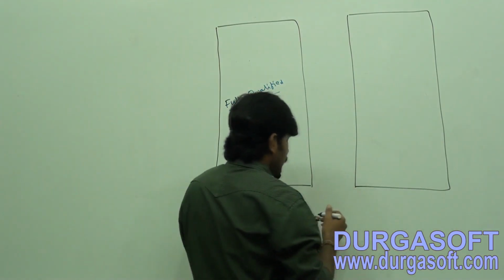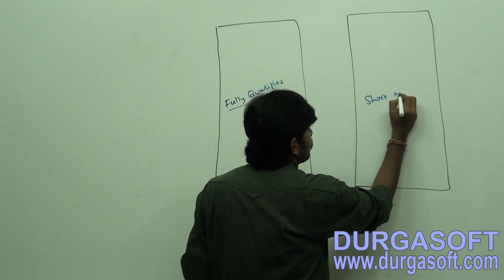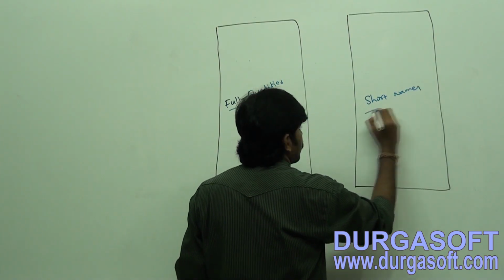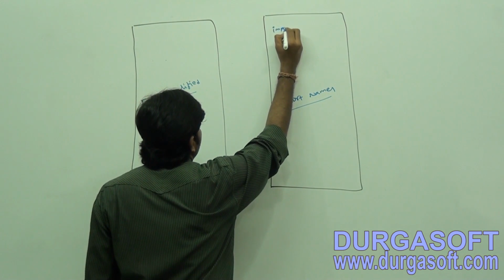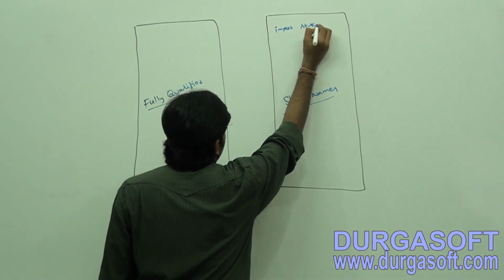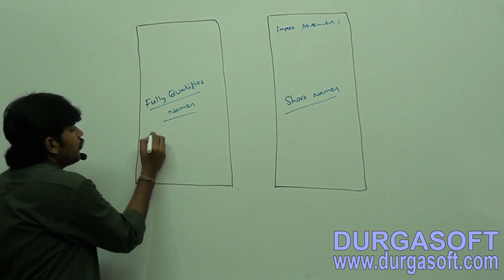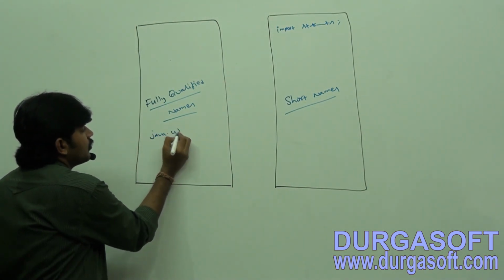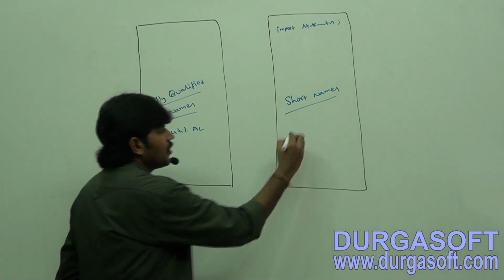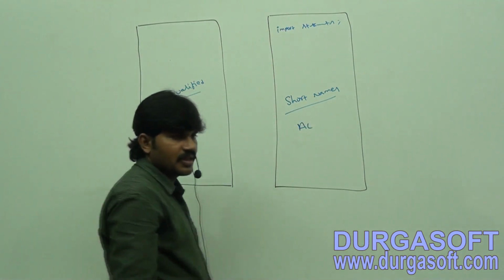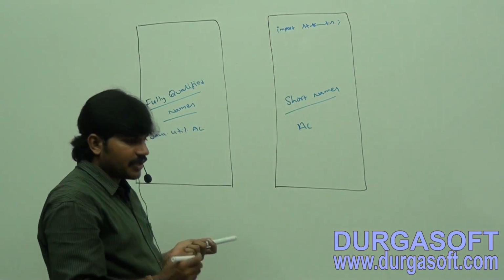Here I used short names and wrote import statements. Here I used only ArrayList because the import statement is already there, but in the other program I used java.util.ArrayList, the fully qualified name.